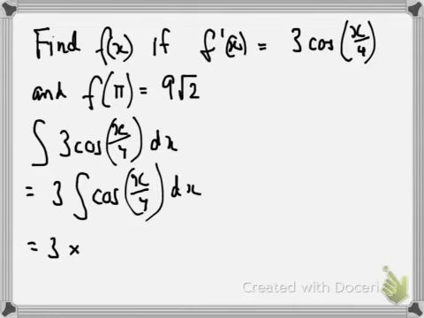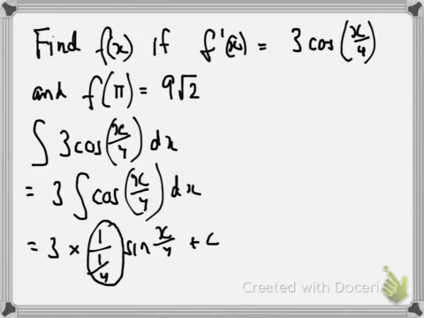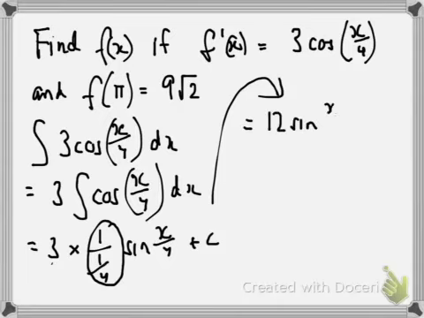So 1 over the coefficient, which is 1 on 4. Remember that, the coefficient of x on 4 is 1 on 4. Sine x on 4 plus c. 1 over a quarter is 4, and 3 fours are 12. So it's going to equal 12 sine x over 4 plus c.